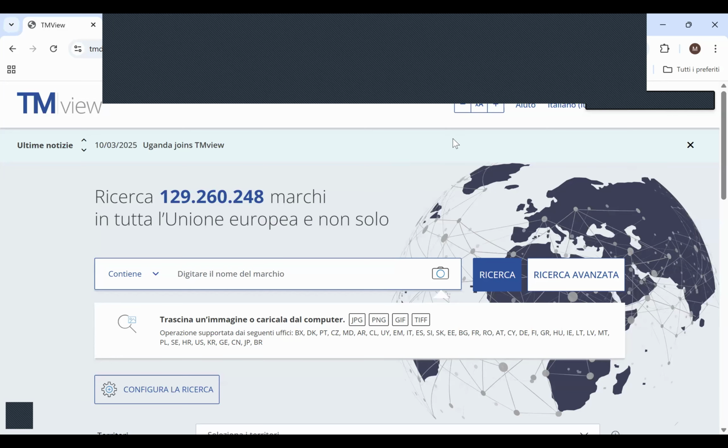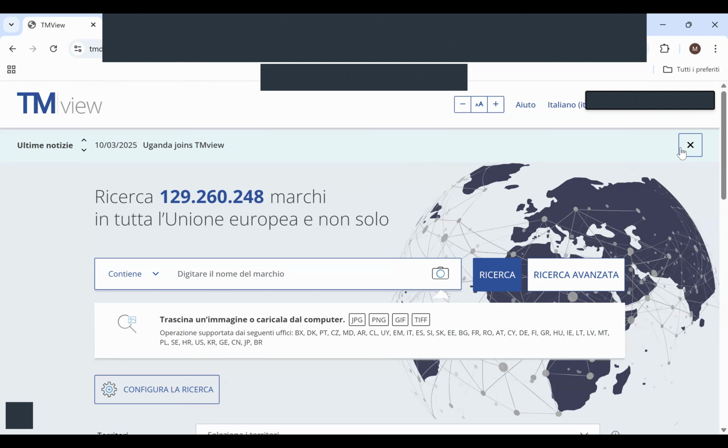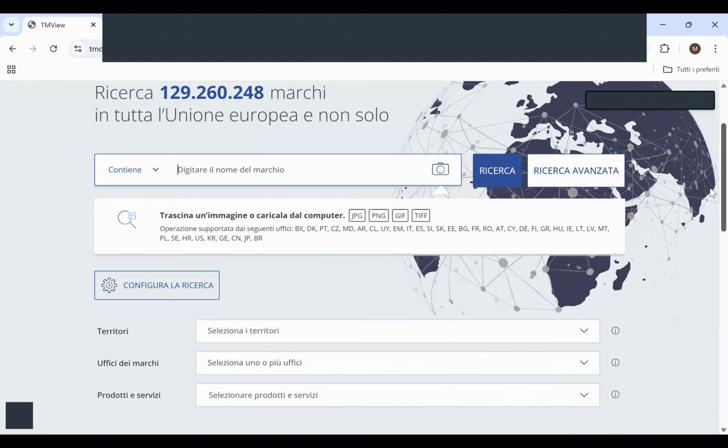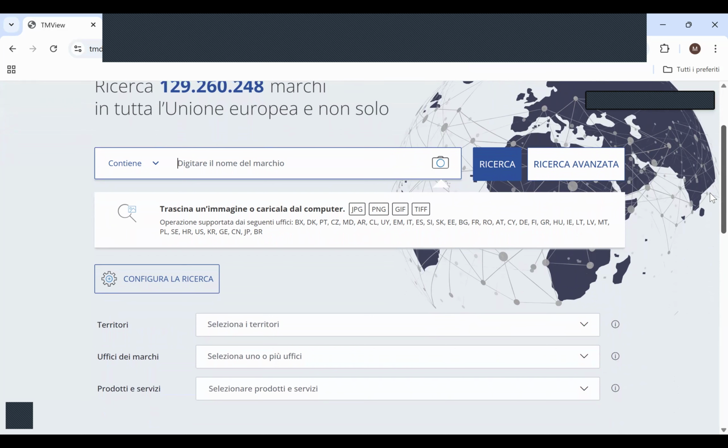Now you see the trademark view. Okay, this is the first one of the three websites, and it's the one devoted to trademarks. Here you may decide what you want to search for.